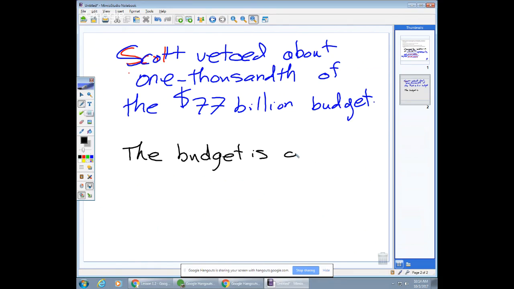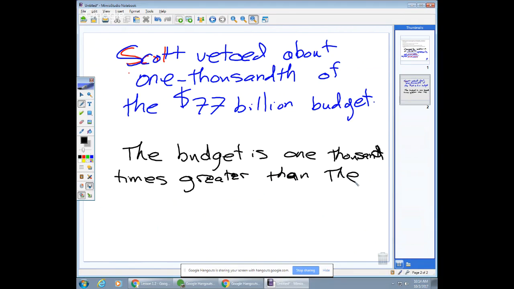The budget is 1,000 times greater than the amount vetoed. Does that seem like reasonable, proper language here? Vetoed. Did I reverse it right?